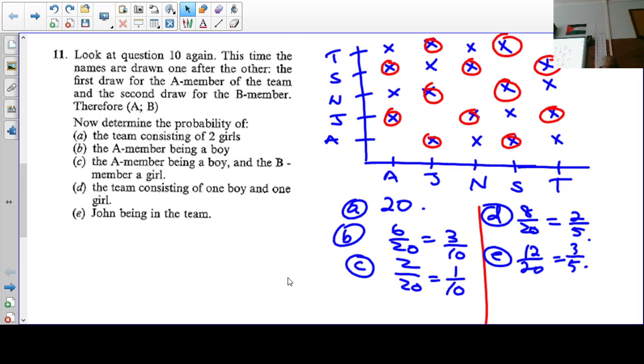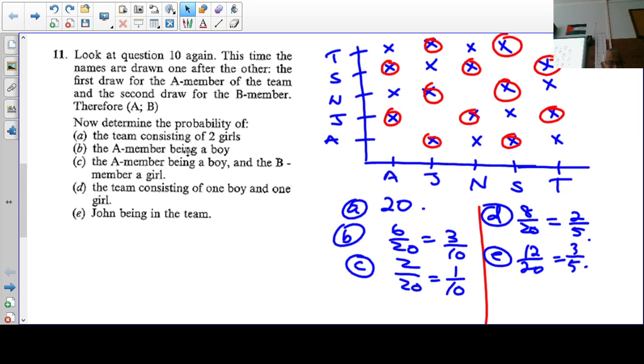So the calculation is different. This answer here is the answer to question 11. When it needs to be drawn simultaneously, will John and Nina and Nina and John be one thing or be considered as two? One. So together you're taking both names out. Okay, let's see how that is different. Let's just check here quickly.